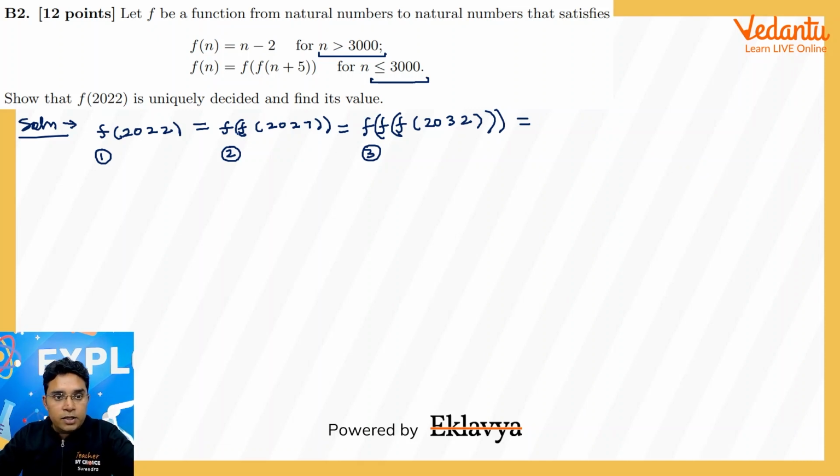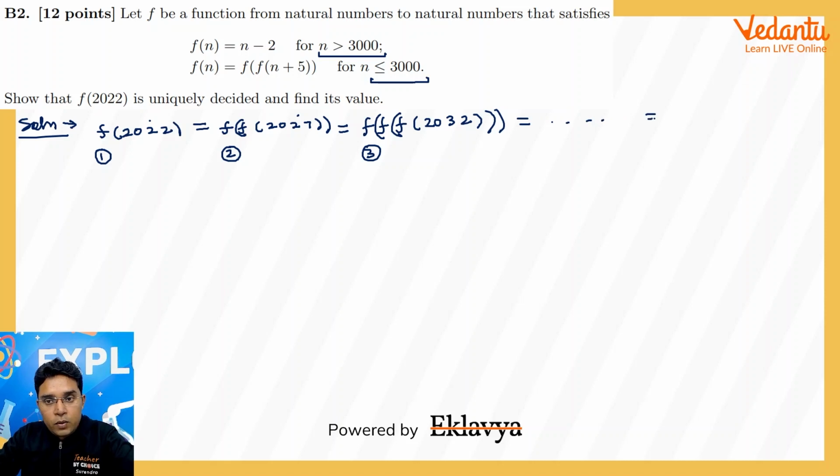If you keep on doing this, you can see the numbers here are actually forming an AP. First when f was appearing once, it was 2022. Then when f was appearing 2 times, it is 2027, and so on. You can say the first term is 2022, second term is 2027, third term is 2032, and so on.